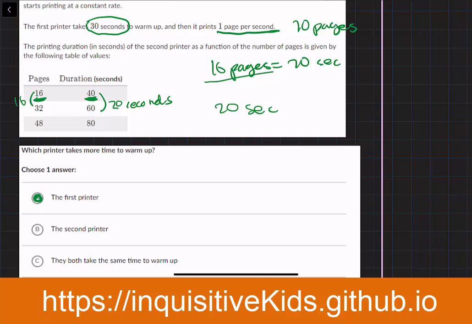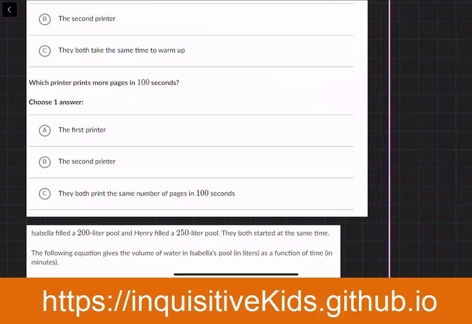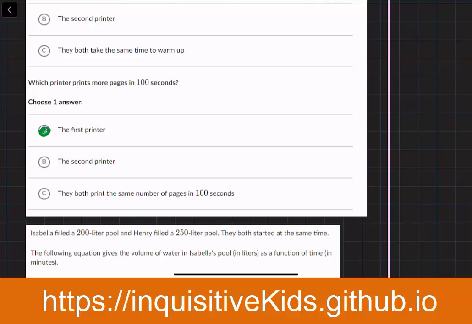We can just use this equation over here, so we can multiply both sides by 4. That'll give us 80 seconds. As you can see, the first printer can print out 70 pages in 100 seconds, while the second printer can only print out 64 pages in that same amount of time. So the first printer can print out more pages in 100 seconds.